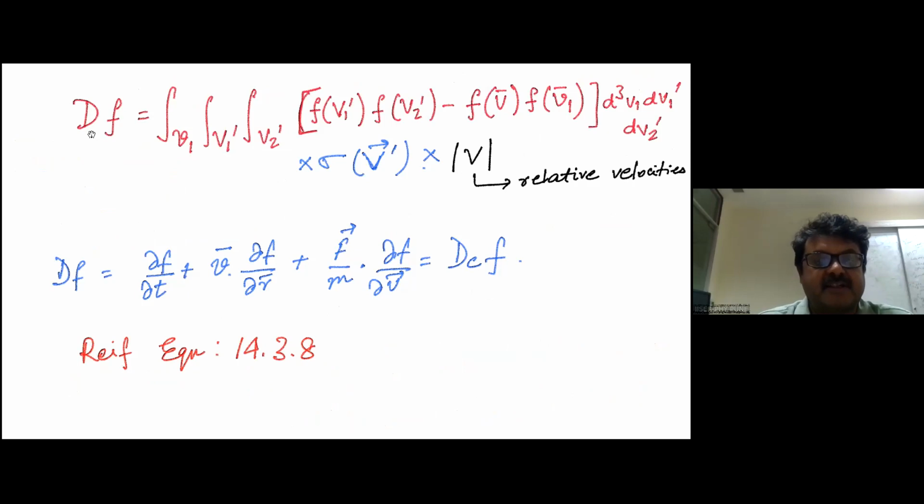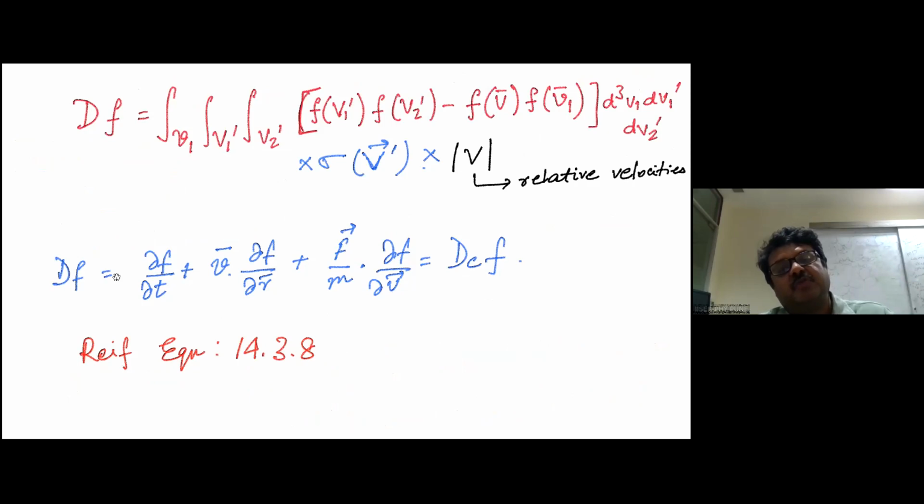Df was the left hand side of the equation. It was del f del t plus v dot del f del r plus F by m del f del v equal to the effect of collisions, how collisions change f.